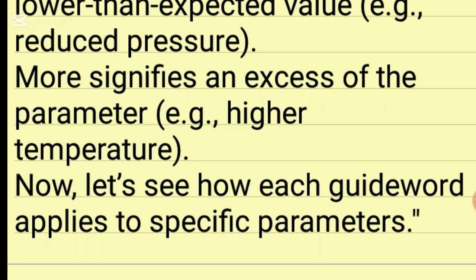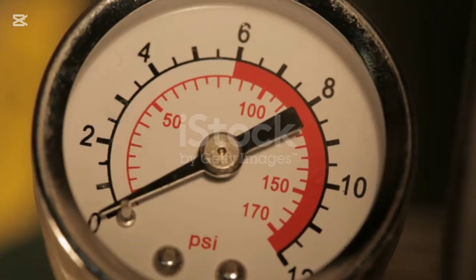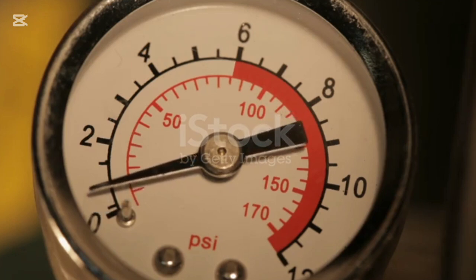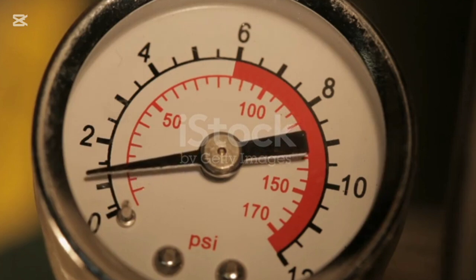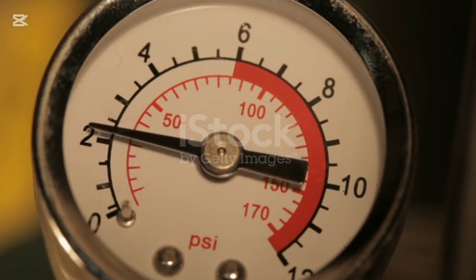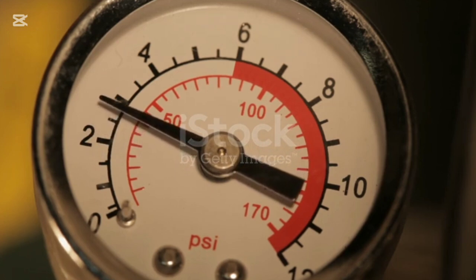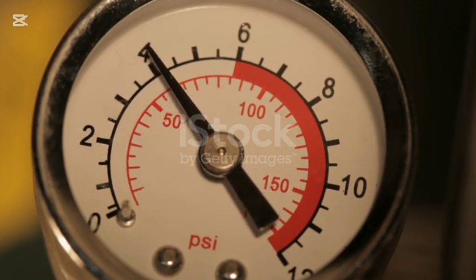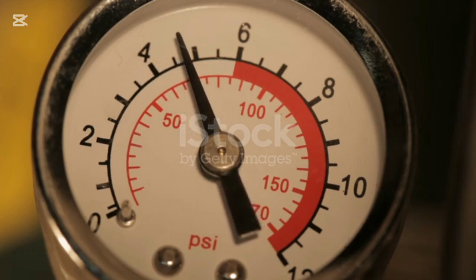For example, reduced pressure or low pressure. More signifies an excess of the parameter. Excess means more than a design parameter. For example, high temperature or more temperature. Now let's see how each guide word applies to specific parameters.